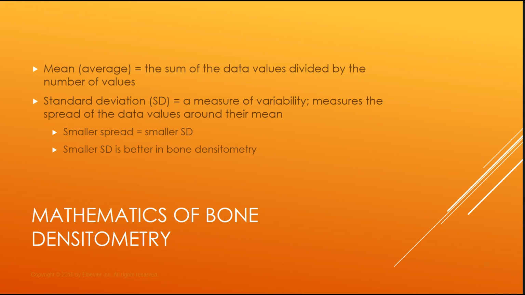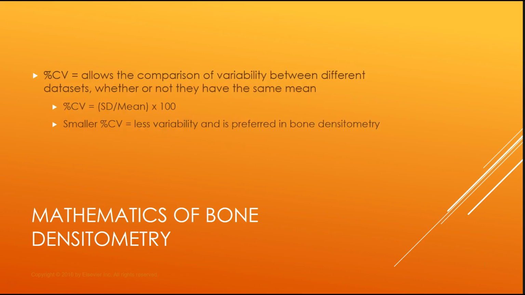The smaller spread is preferred in bone densitometry, and you'll understand what these statistics have to do with Dexa in just a few minutes. The percent CV allows the comparison of variability between different data sets, whether or not they have the same mean, and that's important in Dexa. So the smaller variability comparison, the better for bone densitometry.